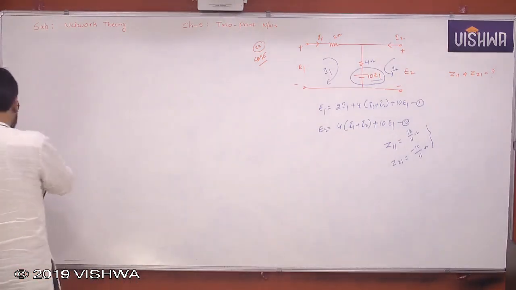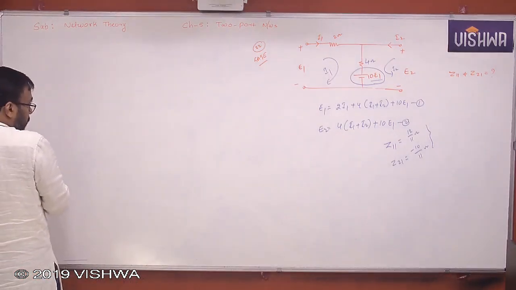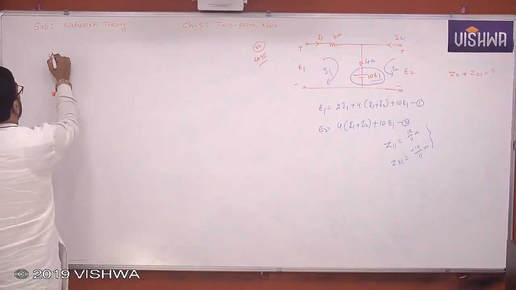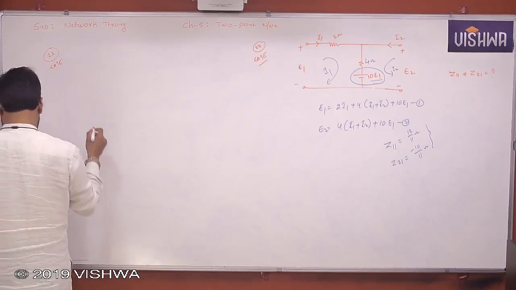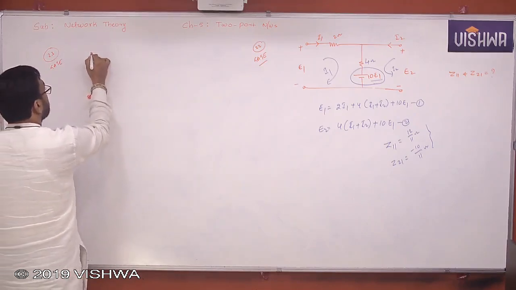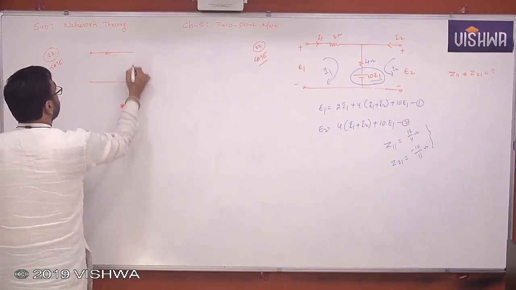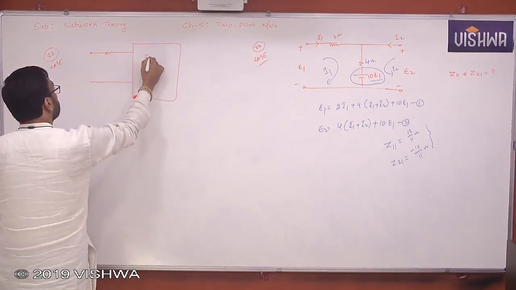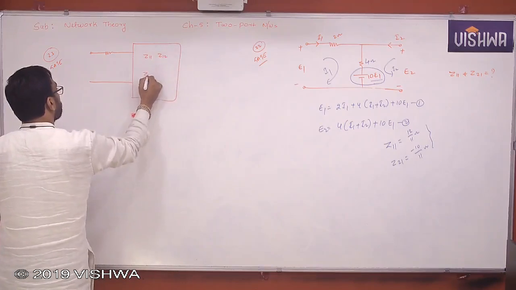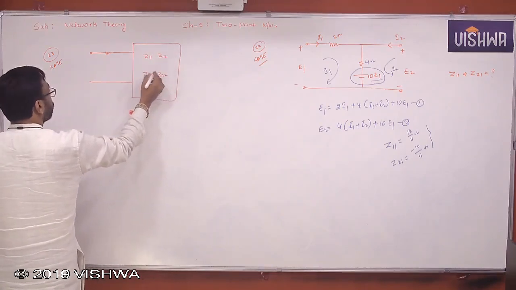Twenty-third problem, which was asked in GATE. It's another simple one. Z11, Z12, Z21, Z22.